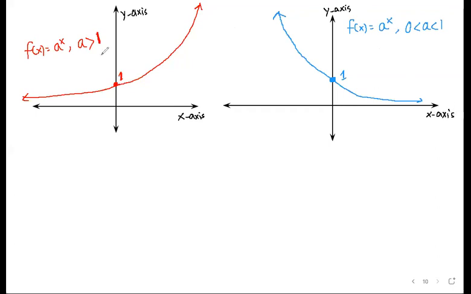If a is greater than 1, the graph is one shape; if a is between 0 and 1, the graph is like this. Always, no different graphs. These are the only two graphs for any exponential function.